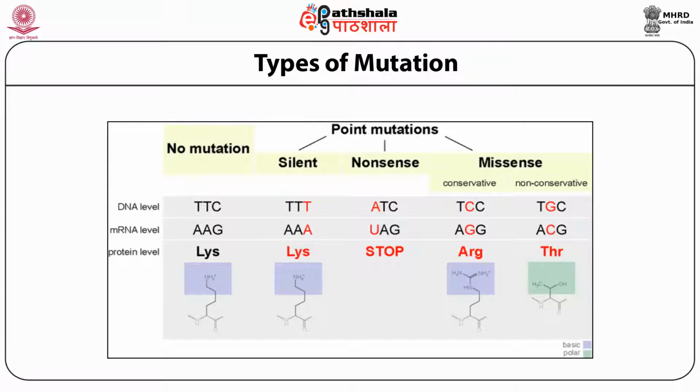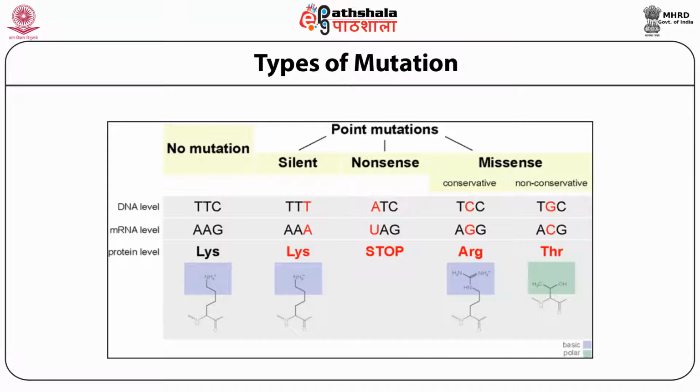We'll begin with a situation when no mutation has occurred. For example, here at the DNA level, we have a codon TTC which codes for the amino acid lysine through messenger RNA. In case of a silent point mutation, the codon TTC gets converted into TTT.